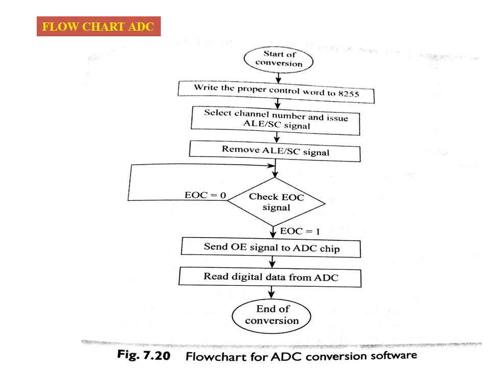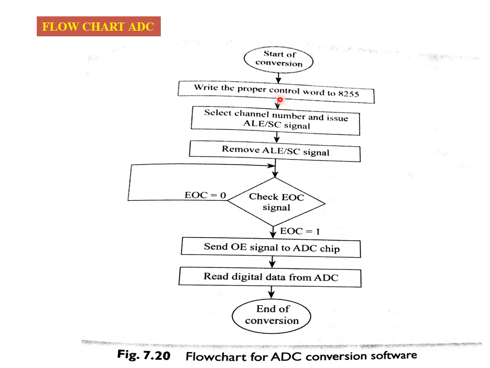Before starting the analog to digital conversion, first the 8255 requires a control word from the 8086 microprocessor. Why? Because the port A, port B, port C directions are required. We are considering port B input, port A output, port C input.